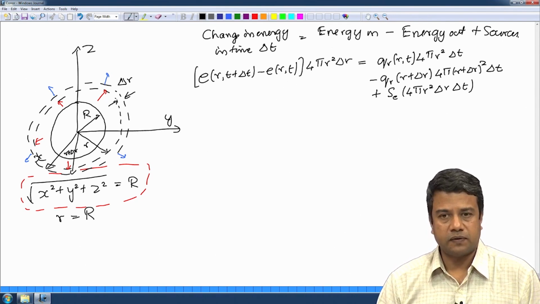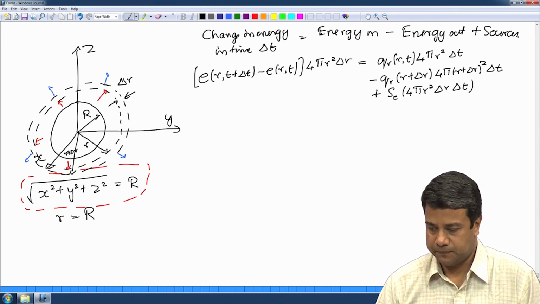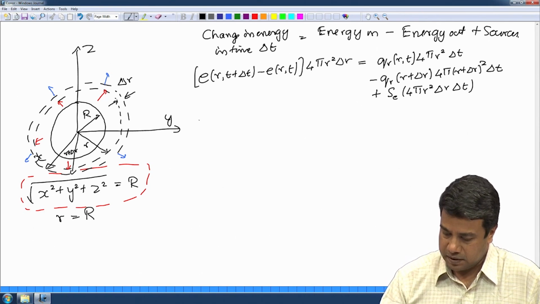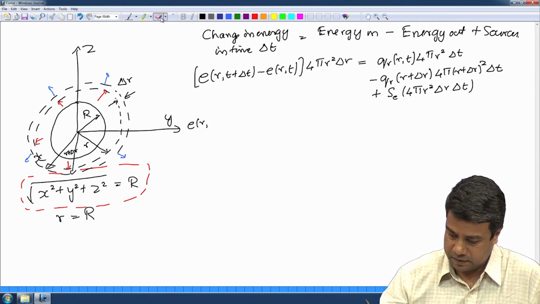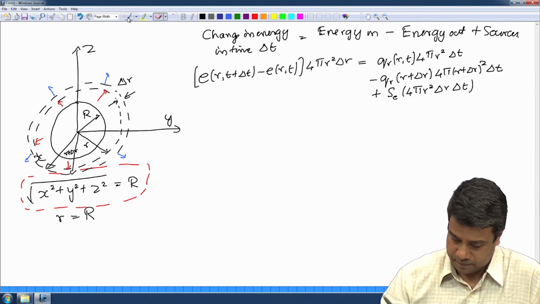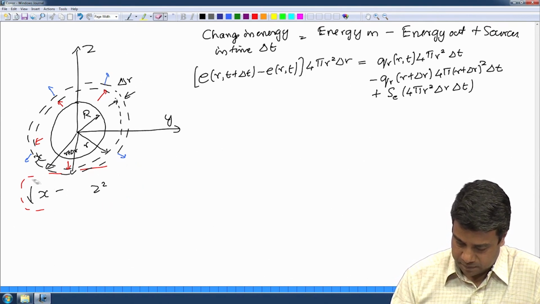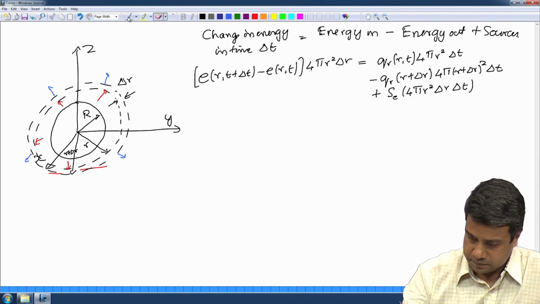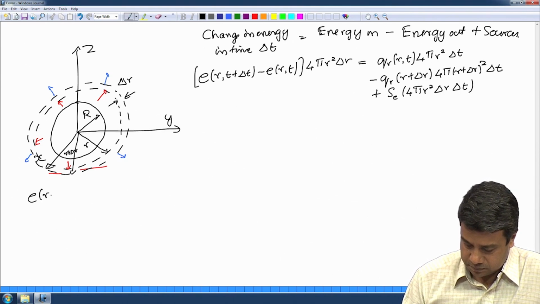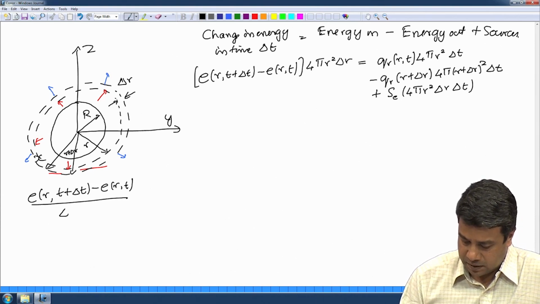Now, I divide throughout by volume and divide throughout by time in order to get a differential equation. So, therefore, I will get the energy at r, let me write it here, divided by delta t.